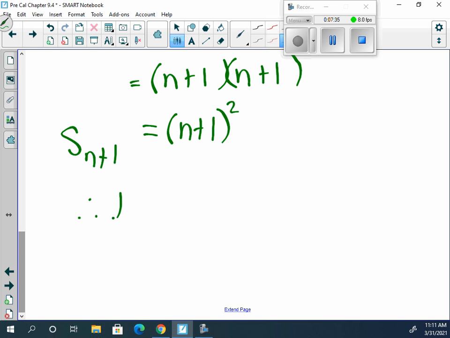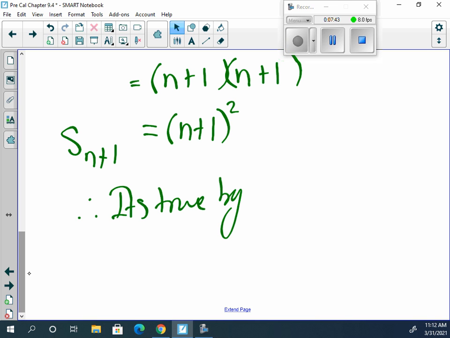So therefore, it's true by our mathematical induction. Because we're able to show that the first case is true, and assuming that the nth case is true, we'll show that the one after it is also true. So it means that this does work for any numbers in the sequence.